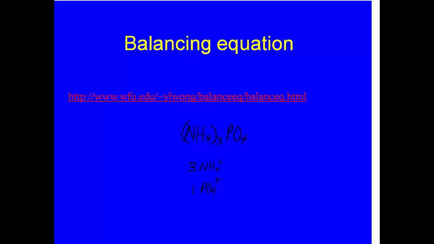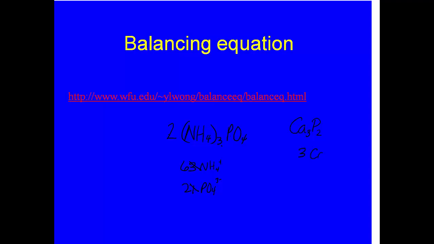Okay, now if I put a 2 in front of this, this means then you would have 6 ammoniums, because 2 times 3 is 6. This 2 goes to the phosphates. You would have 2 phosphates. So when you use a coefficient in the front, you're changing everything with that compound. Now if it was just a compound, let's say it was calcium phosphide, then I'm going to count atoms.